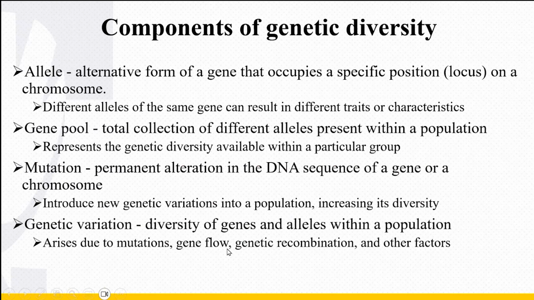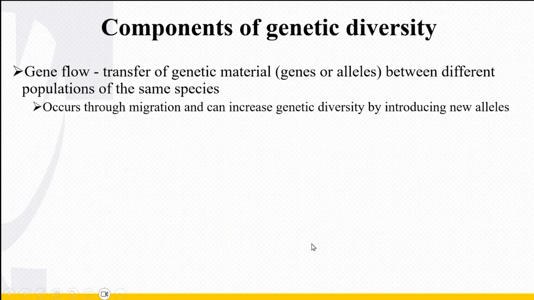In the next, we'll talk about gene flow, and you've heard me talk about genetic recombination. Gene flow is just the movement of genetic material between different populations of the same species. We're not able to cross corn with cotton or corn with soybean.